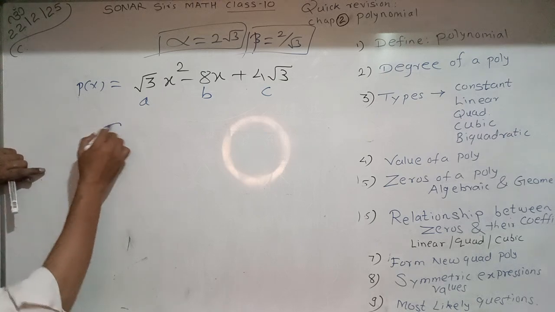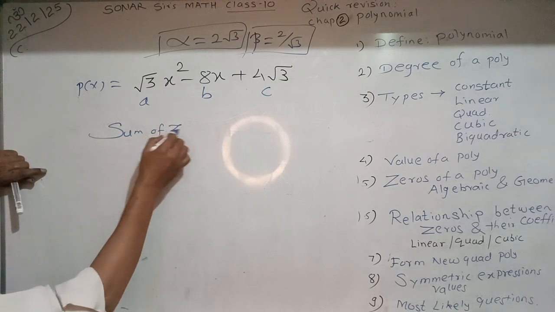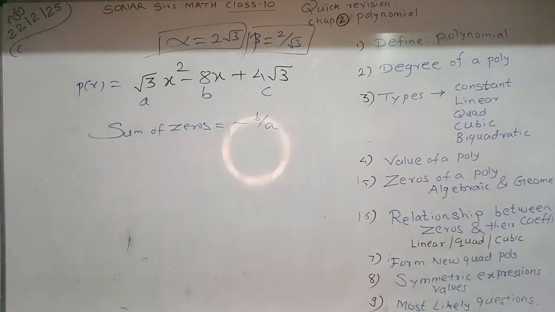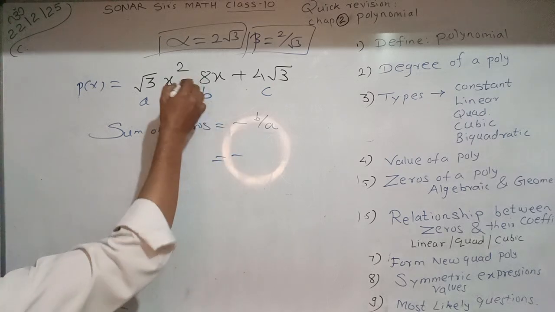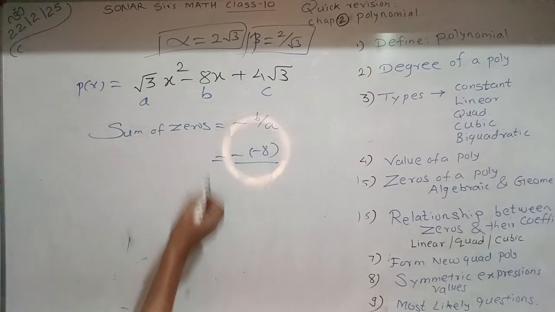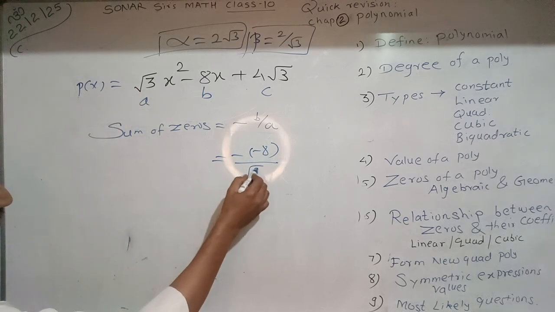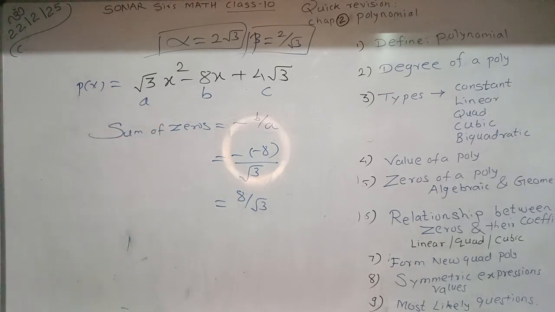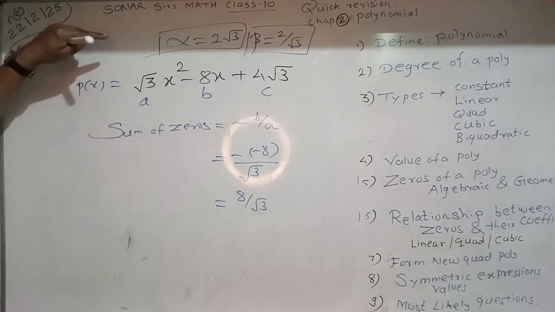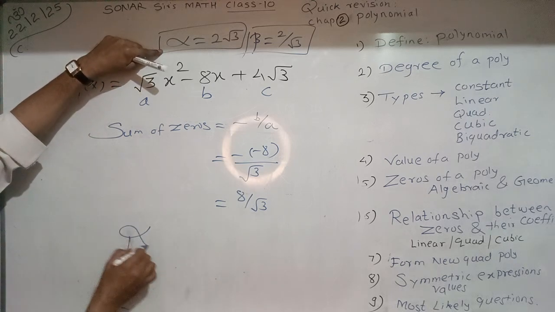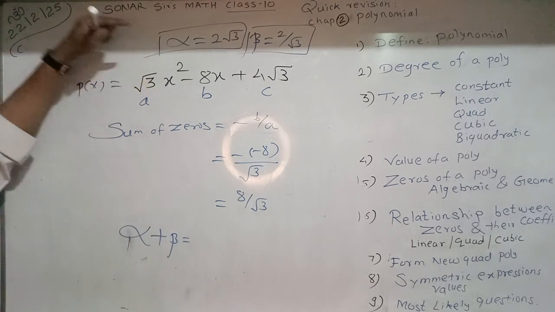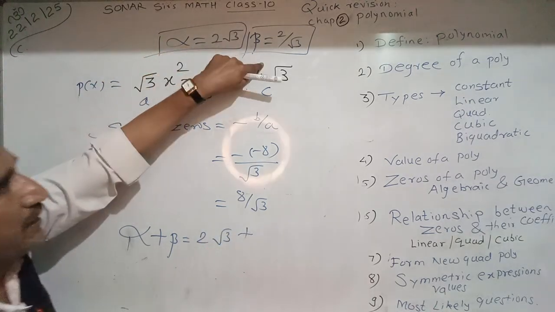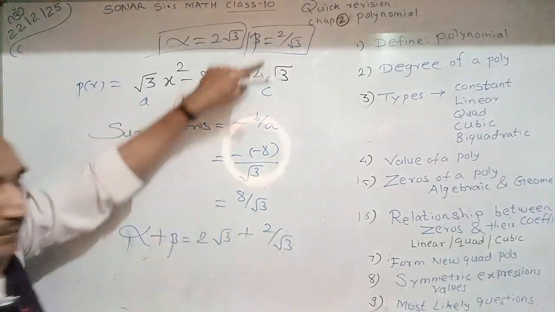So check the sum of zeros. The sum of zeros is minus B upon A. B is already minus 8, and the A term is root 3. So the sum of the zeros is 8 upon root 3. Now let's check whether the sum of zeros is 8 upon root 3 or not. Alpha plus beta: alpha is 2 root 3, plus beta, which is 2 upon root 3.